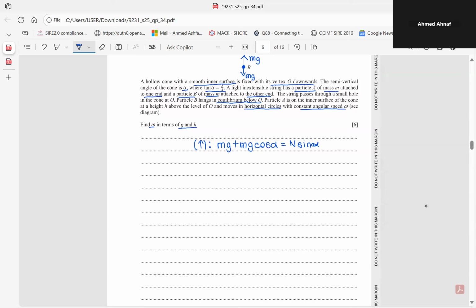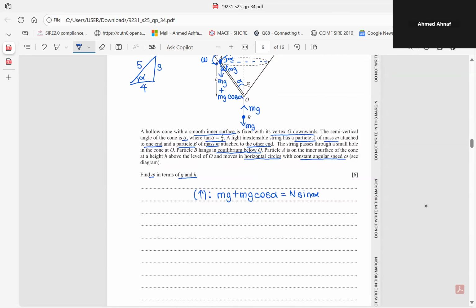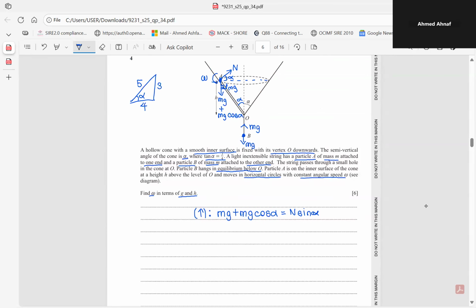Okay, what else can we do? Like I said, we can use this triangle to find out what cosine alpha and sine alpha are. Cosine alpha is clearly 4 over 5. Sine alpha is 3 over 5.